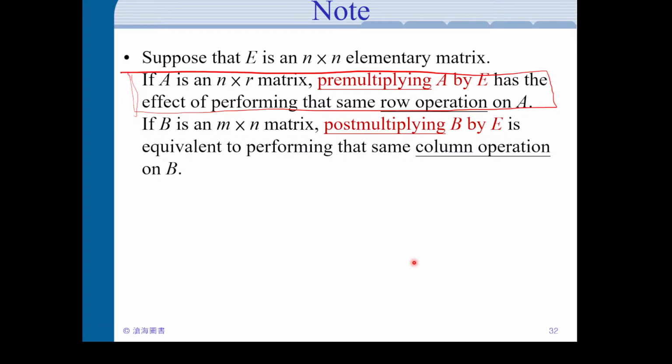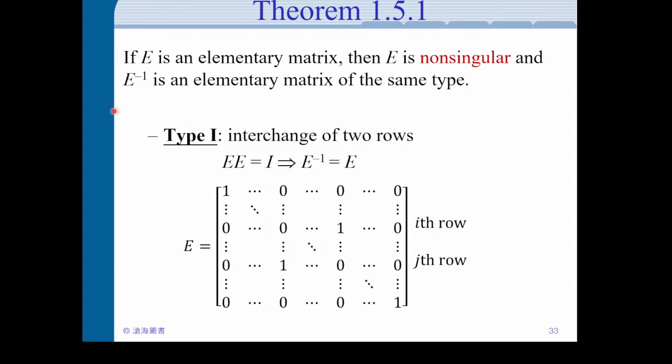And similarly, something that's also nice to know, but not so pivotal to us for now, is that if you multiply the matrix on the right, you will actually do column operation with the matrix.